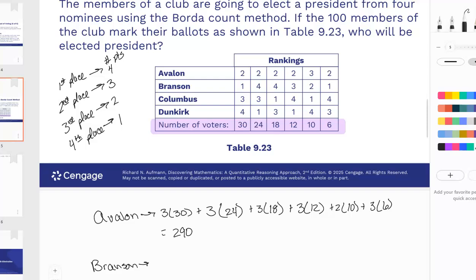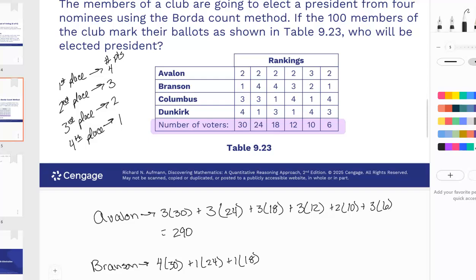So let's look at Branson. First place. There are 30 people who voted the candidates this way. So first place gets 4 points, so 4 points times 30 people. And then there are people that didn't like him as much. They ranked him 4th place, which is worth 1 point. This third column, another 1 point, and 18 people did that.